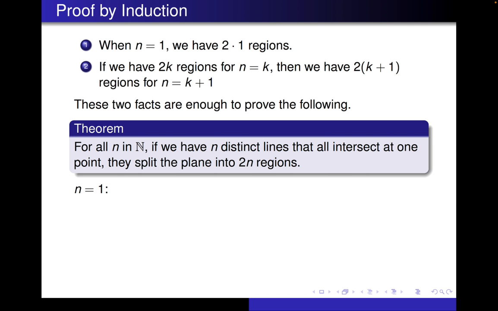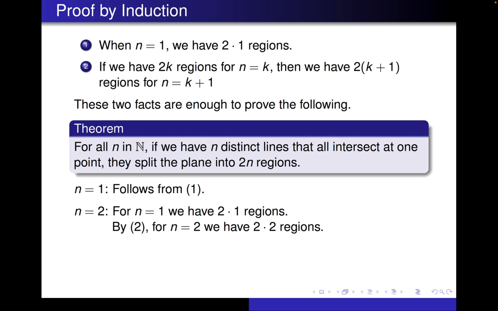And let me illustrate how the 2 facts that we proved in 1 and 2 at the top give us exactly what we want for this theorem. So for instance, for n equals 1, we proved that one directly. We just look at part 1. It says, yeah, for n equals 1, we have 2 times 1 regions. That's twice as many regions as lines. We're done. Now for n equals 2, we know that for n equals 1, we have 2 times 1 regions.